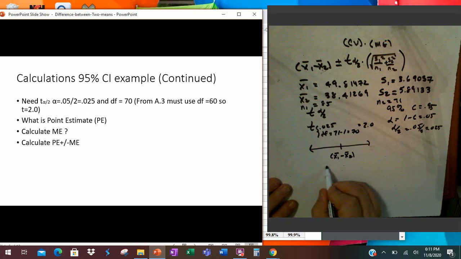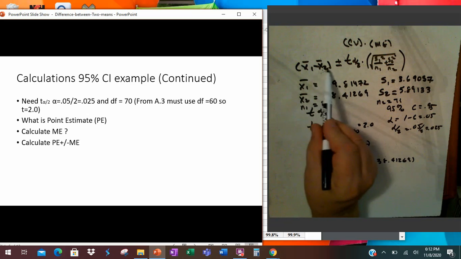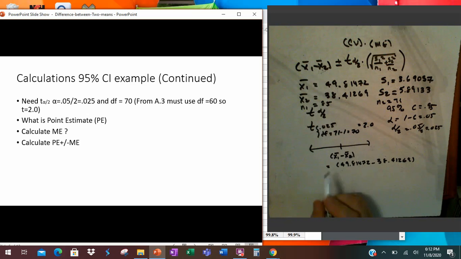So this is just going to be 49.81472 minus 38.41269. See where I do the first one minus the second one. Everything corresponds just like it tells me to do up here, the x1 bar minus the x2 bar.